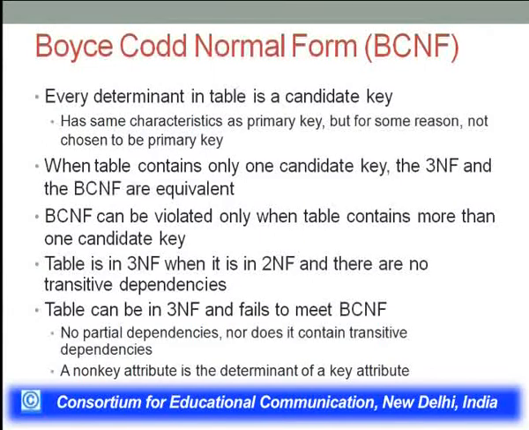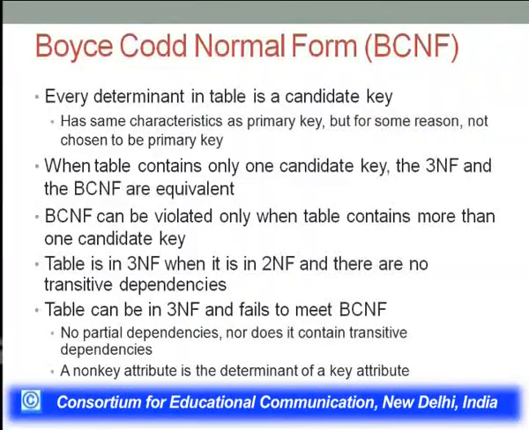When we have only one candidate key, there is no difference between the third normal form and the Boyce-Codd normal form. The database designer will choose the Boyce-Codd normal form only in cases where there is more than one candidate key. That is, besides the primary key, there is another key which is eligible to be the primary key, which qualifies the conditions of uniqueness and not nullness. In such cases, the database designer will choose the Boyce-Codd normal form.